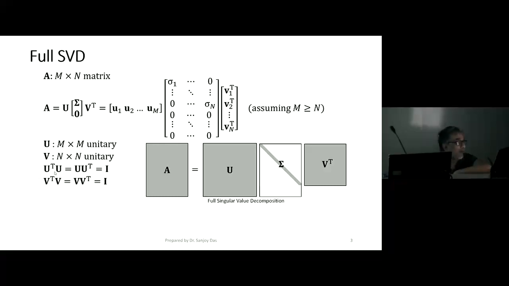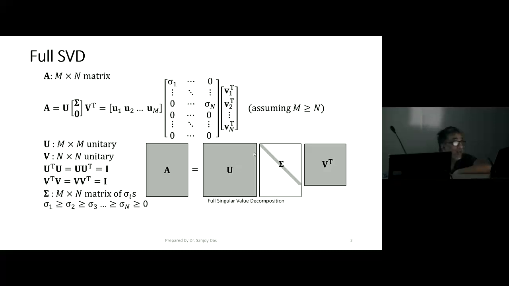Therefore, U transpose is the inverse of U, so you have these properties, and likewise, since V is unitary, V transpose is V inverse, so you have these properties. Now, sigma is this: the diagonal elements will be the lowercase sigma i's, arranged in this order.